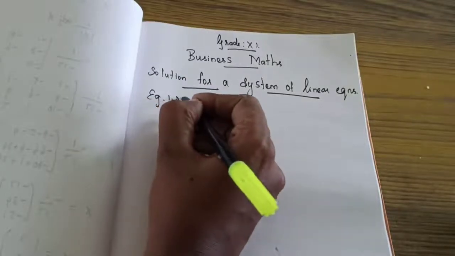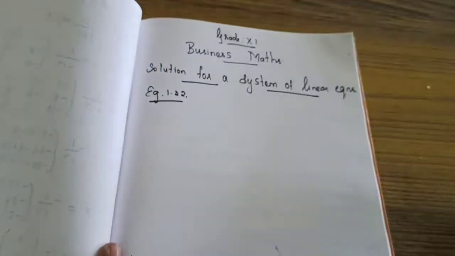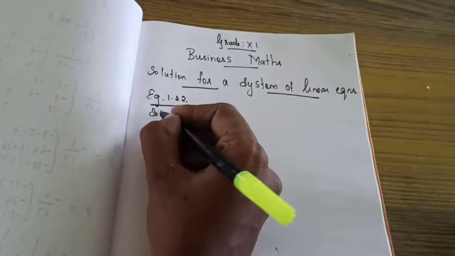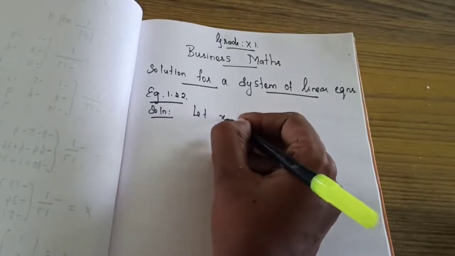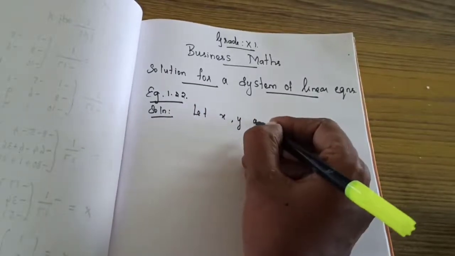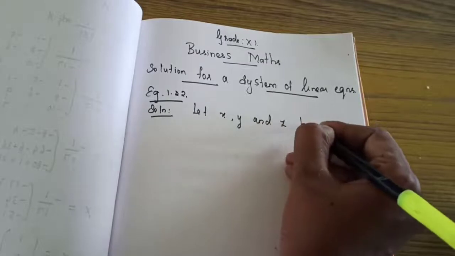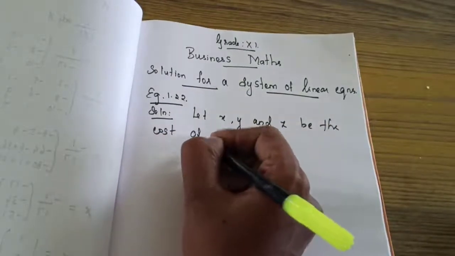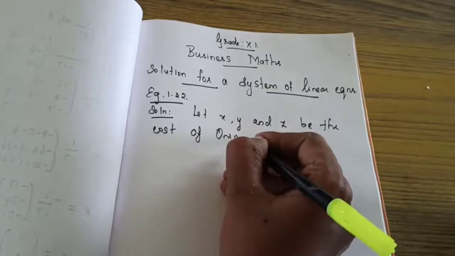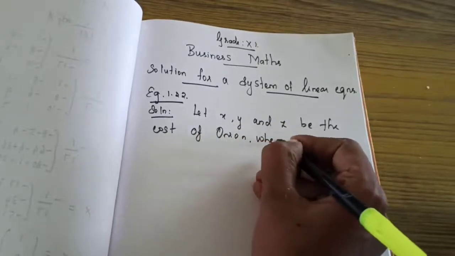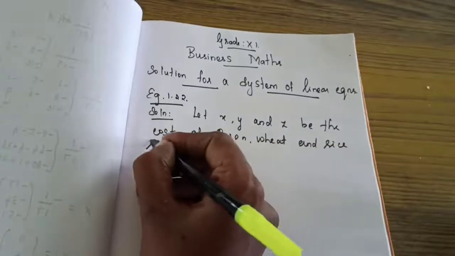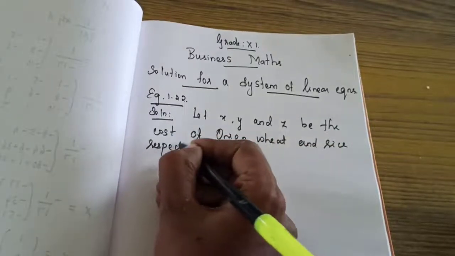Example 1.22. Refer to the question in your book. First, let x, y and z be the cost of onion, wheat and rice respectively.